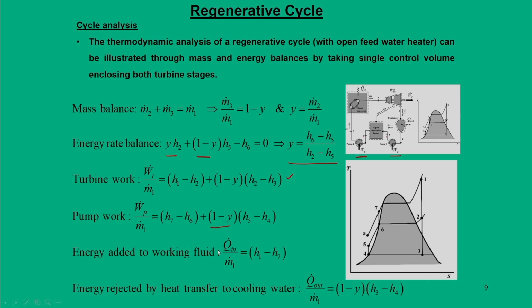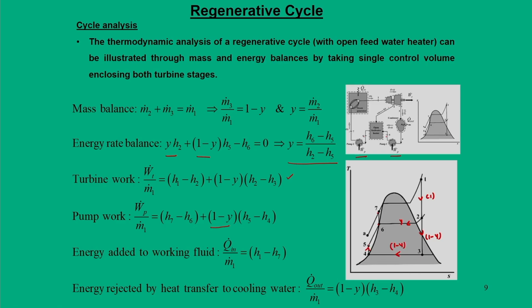So, thereby we can also find out here, that is if you look at this particular diagram, the picture becomes clear. So, in open feed water, you take one unit here, y unit goes, 1 minus y unit further expands, this y unit goes to state 6 and then it is pumped to state 7, and again 1 minus y unit goes in the condenser line.